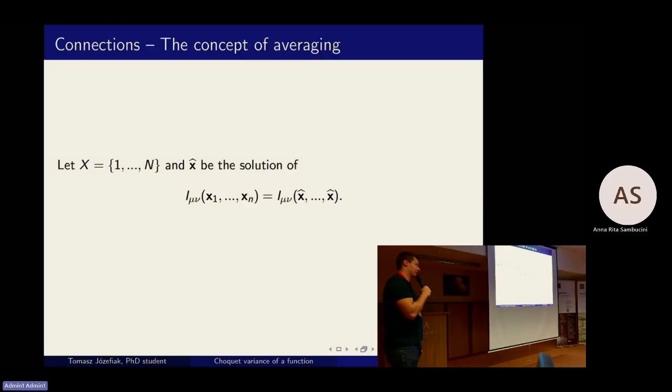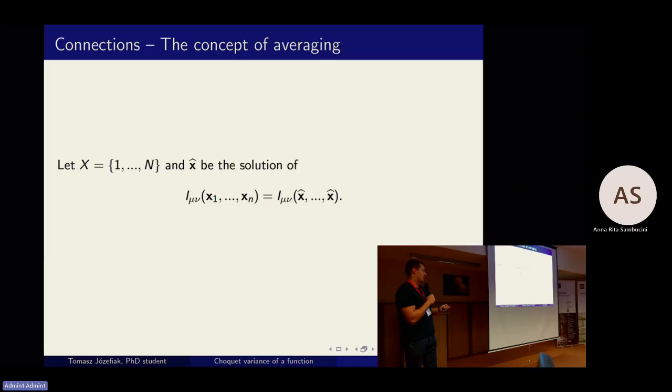Another very important thing is that if you want to find the average value of something, of course we can use some average function, but the general idea is that, having some function, the average should satisfy this equation. And we have proven that it would always have at least one solution.